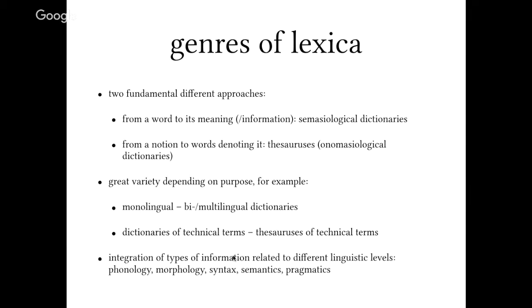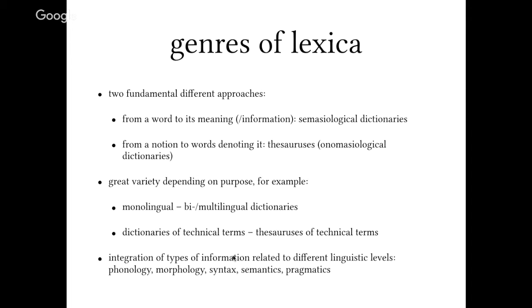Different terms are used to denote the same thing, not peculiarly for lexicography. The other fundamentally different approach is to start from a notion, from a certain thing, object, or abstract notion, and list the words that denote it, structuring these words using a specific pattern or structure. These are lexica that we normally call thesauruses or onomasiological dictionaries.